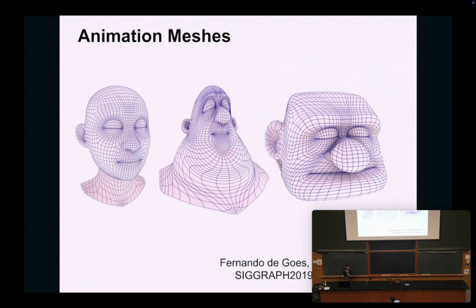Last thing, I wanted to talk about animation meshes. A lot of the people at national labs who worked on some of these codes end up at Pixar, because a lot of the work is similar, or along the same lines.